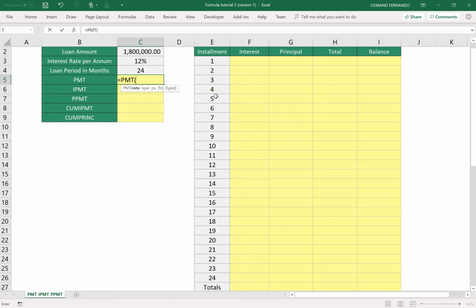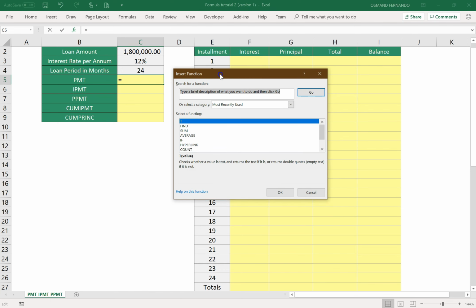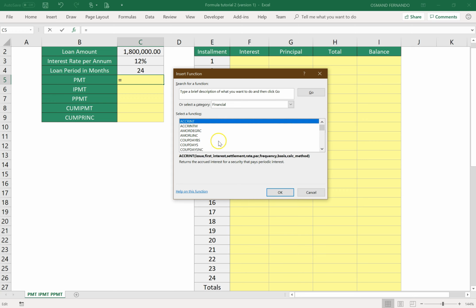In this lesson I will use a different way of doing that because it is easy for you to understand. Let me go to Formulas, Insert Function, and from there find the PMT function.